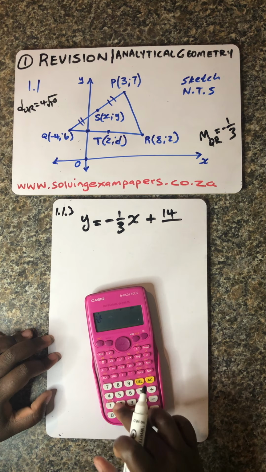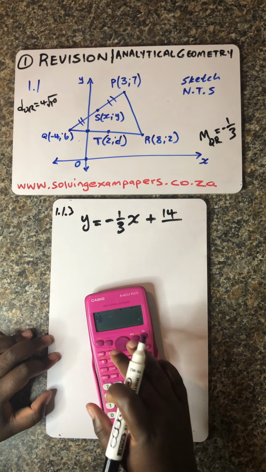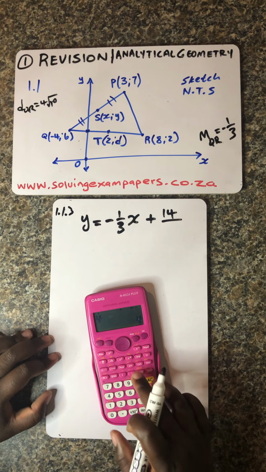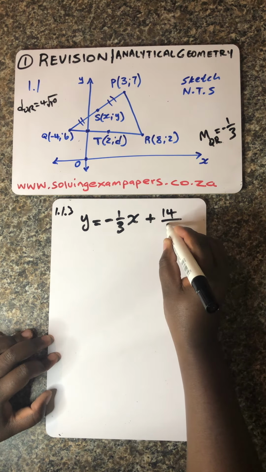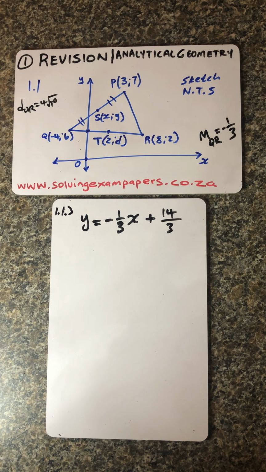It was 14 over 3. Yes, it was 14 over 3, because I remember it's a number which is closer to 5. Even though I've just done it just now, I forgot because I didn't think we would get to a stage where we need to calculate that D.